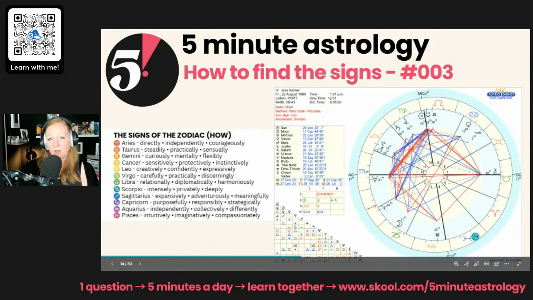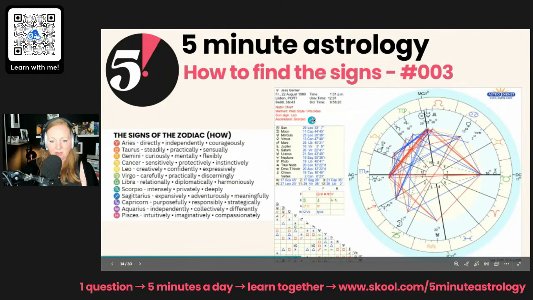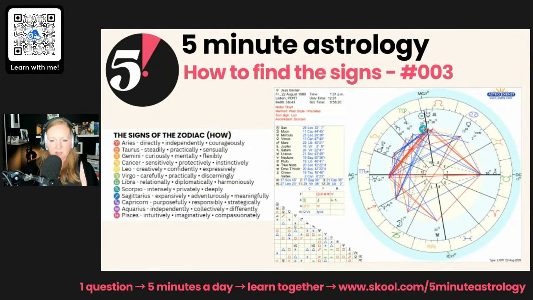In fact, if I'm going to be really correct with the positions of the planets, you'll see that there's actually 3 sets of numbers. The original degree, so the sun here is at 29 degrees in the sign of Leo. It's 29 degrees, 33 minutes of arc, and 7 seconds of arc.